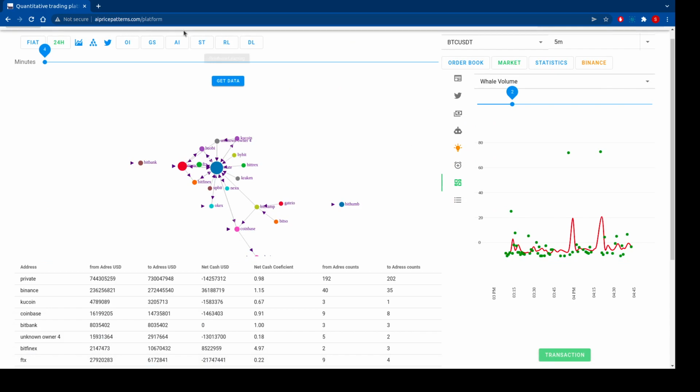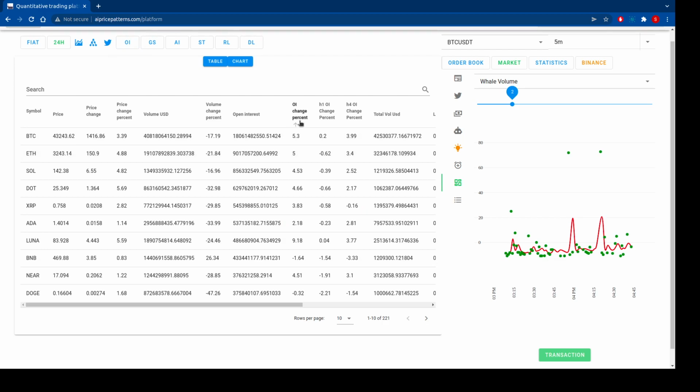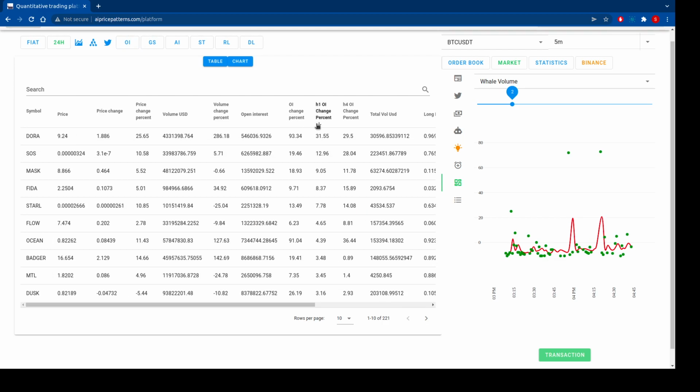To get this information, we need to click on open interest and find how open interest changed over the last hour, and I'm trying to follow this information to understand what large players do, and I need to find coins that exist on the cryptocurrency market.